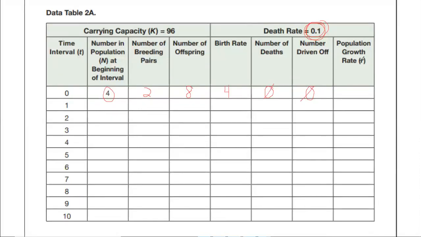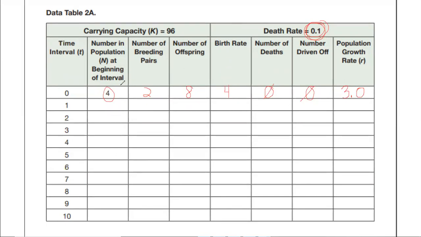And then your population growth rate, it gives you how to calculate that. And for me, that was 3.0. So your population growth rate is going to be your individuals that you have for the next population.